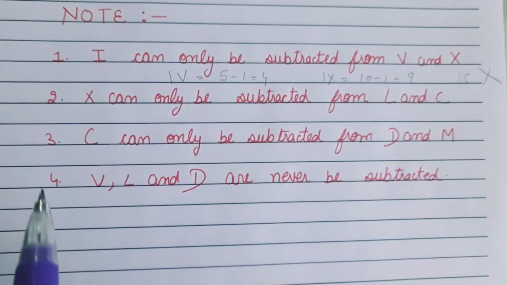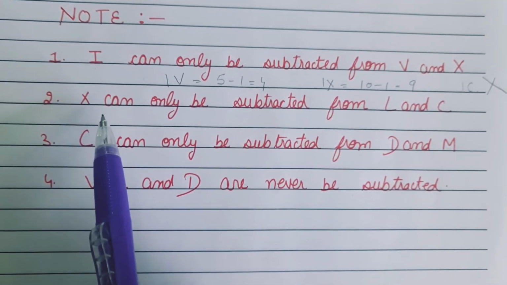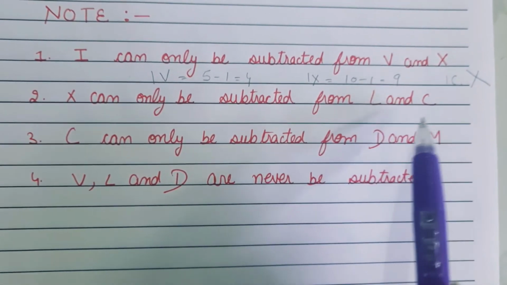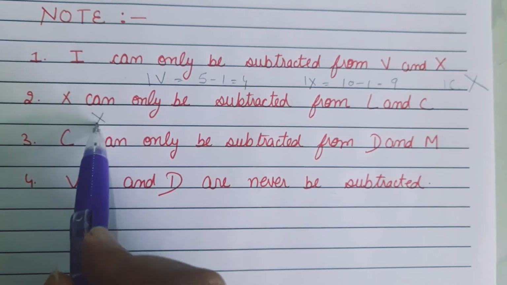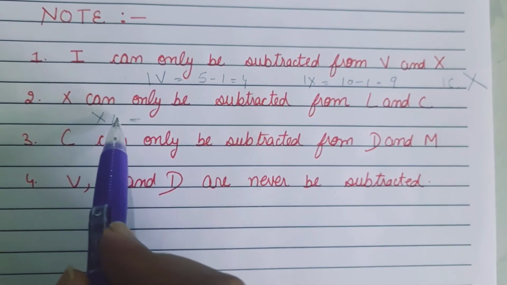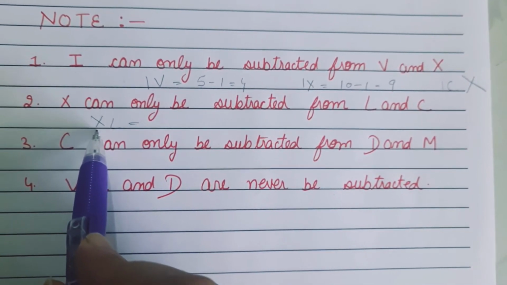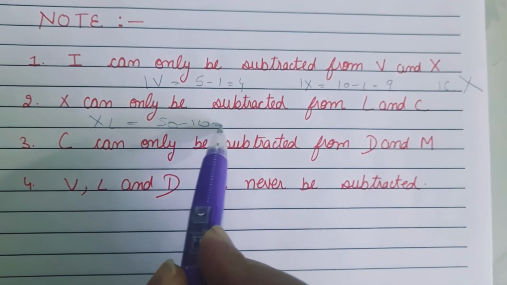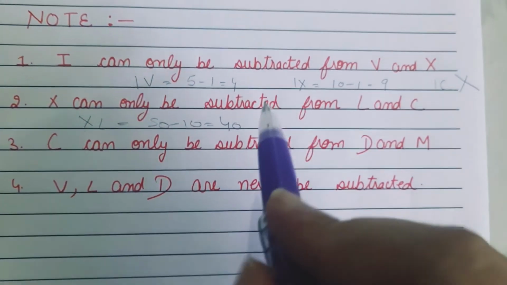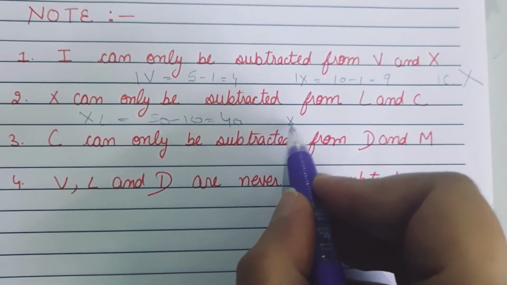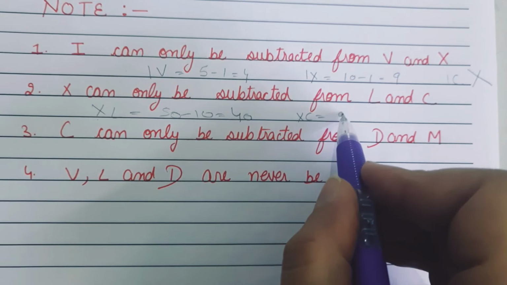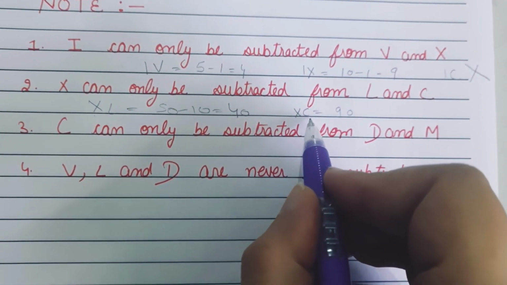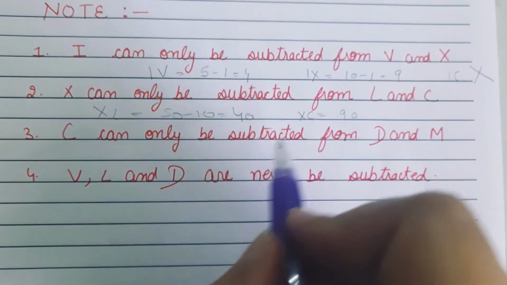Again, X can only be subtracted from the L and C. Like XL, which equals 50 minus 10 equals 40. And if I write XC, it equals 90, because C is 100 and X is 10, so 100 minus 10 equals 90.